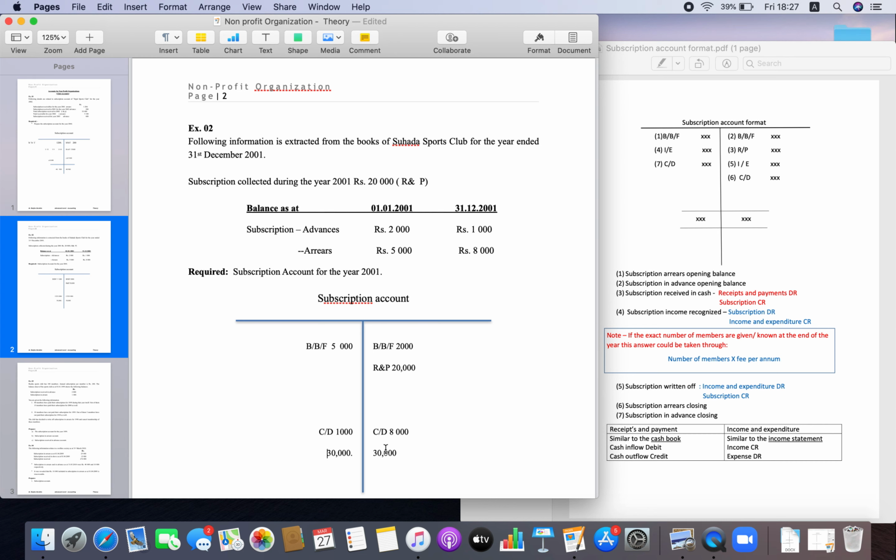Again, how did we get 30,000 on this side? We added all three to get 30,000. The same answer, you put it over here. Now from 30,000, when you subtract 1,000 and 5,000, the missing figure will be income and expenditure 24,000. So guys, that's how you prepare a basic subscription account.